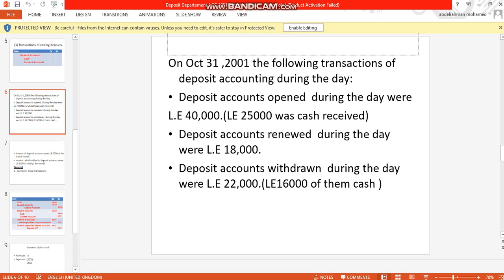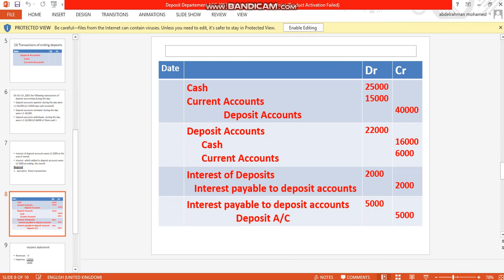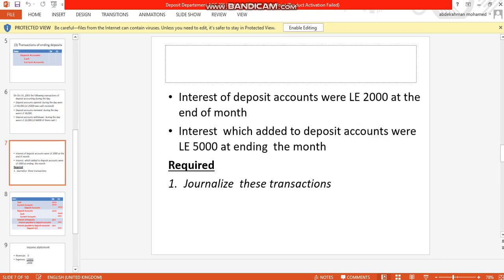Third transaction says deposit accounts withdrawn during the day were 22,000, 16 of them cash, but the remaining amount by current account. Okay, the third: from deposit accounts, 22, to cash 16 and current account 6.